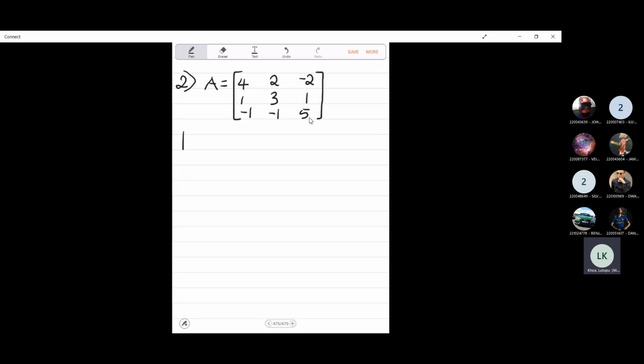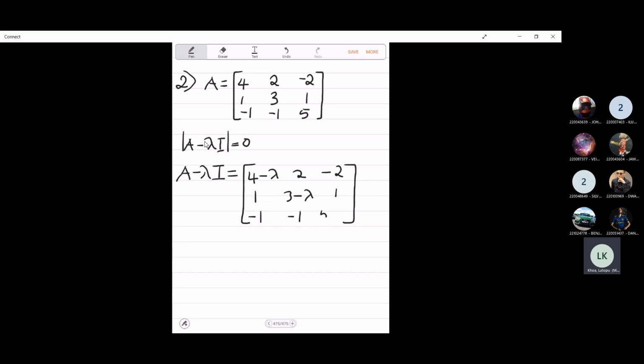So remember, we need the characteristic equation: the determinant of A minus lambda I is equal to 0. That is, the determinant of this matrix must be equal to 0. This matrix here, A minus lambda I, looks like this: 4 minus lambda, 2, minus 2, 1, 3 minus lambda, 1, minus 1, minus 1, and then 5 minus lambda.